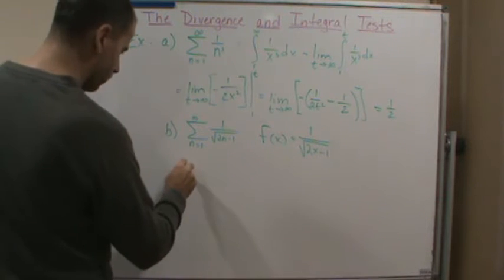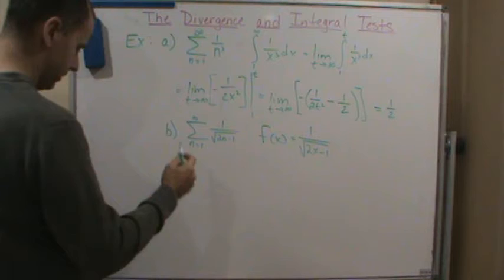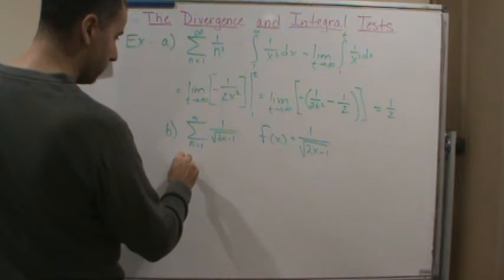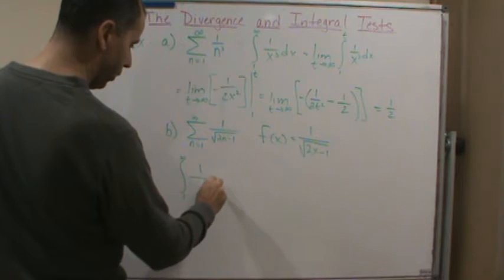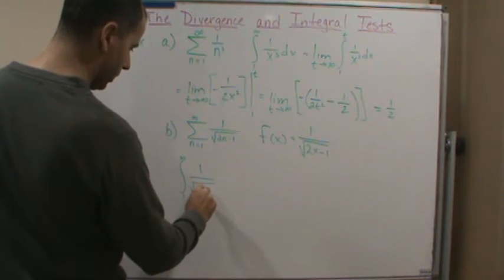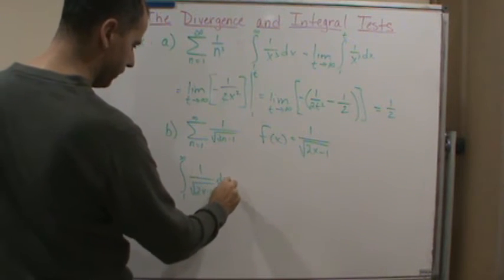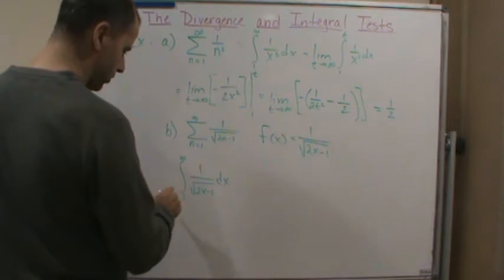And so what we're going to do is take the improper integral from 1 to infinity of 1 over the square root of 2x minus 1 dx. Okay? And so now in this case here, we're going to do U substitution.